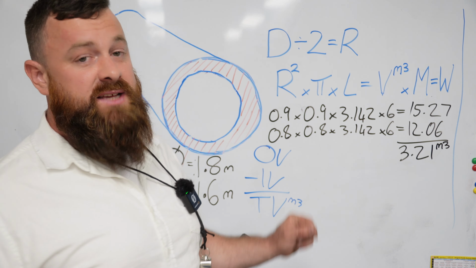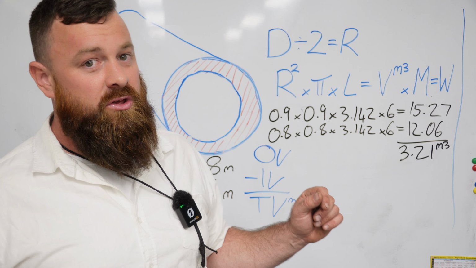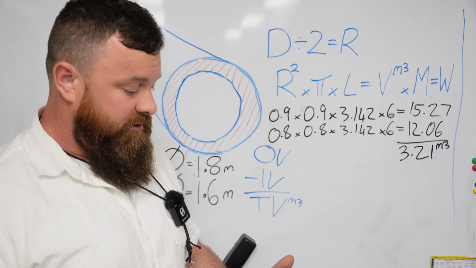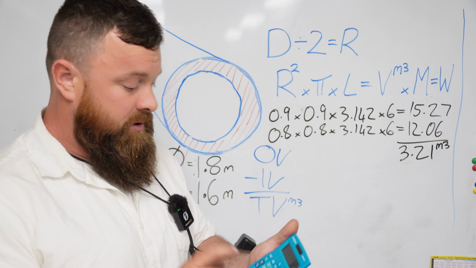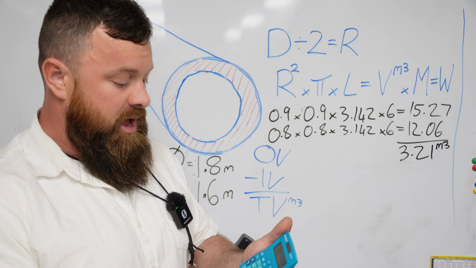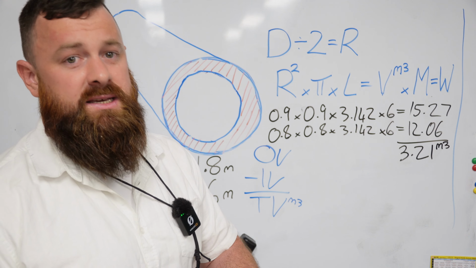Now, because this is a concrete pipe and concrete weighs 2.4 tons per cubic meter, all we need to do is multiply our 3.21 by 2.4, and we're going to get 7.704 tons.